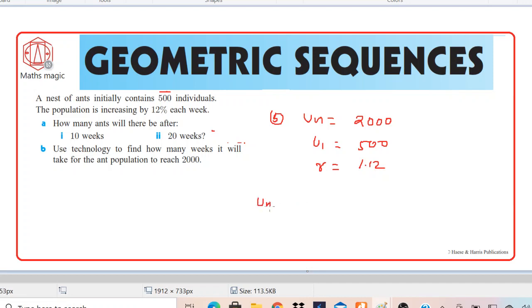It's un is equal to u1 r to the power n minus 1. So un is 2000, u1 is 500, then r is 1.12 to the power n minus 1. Okay, so we can simplify this.